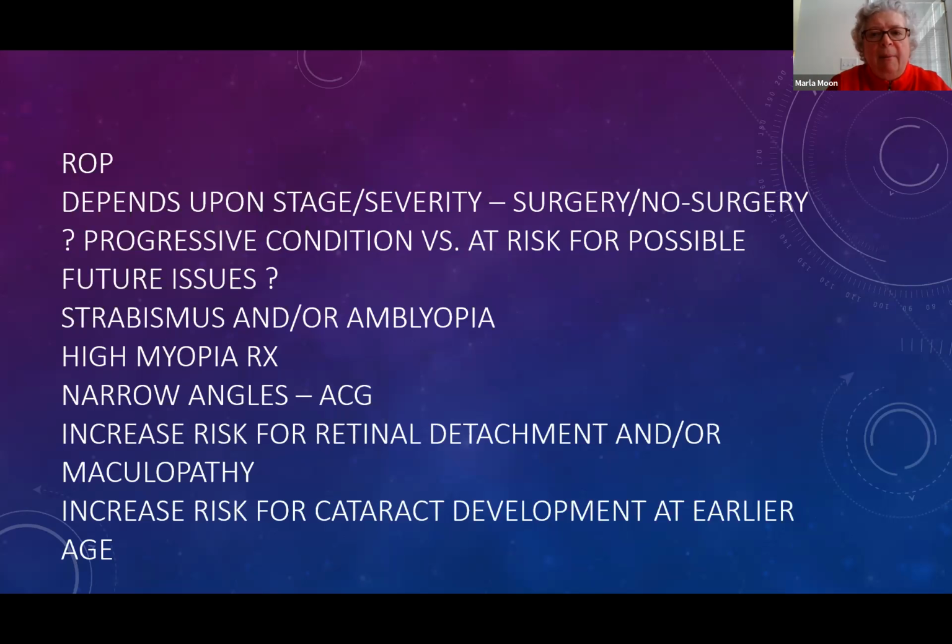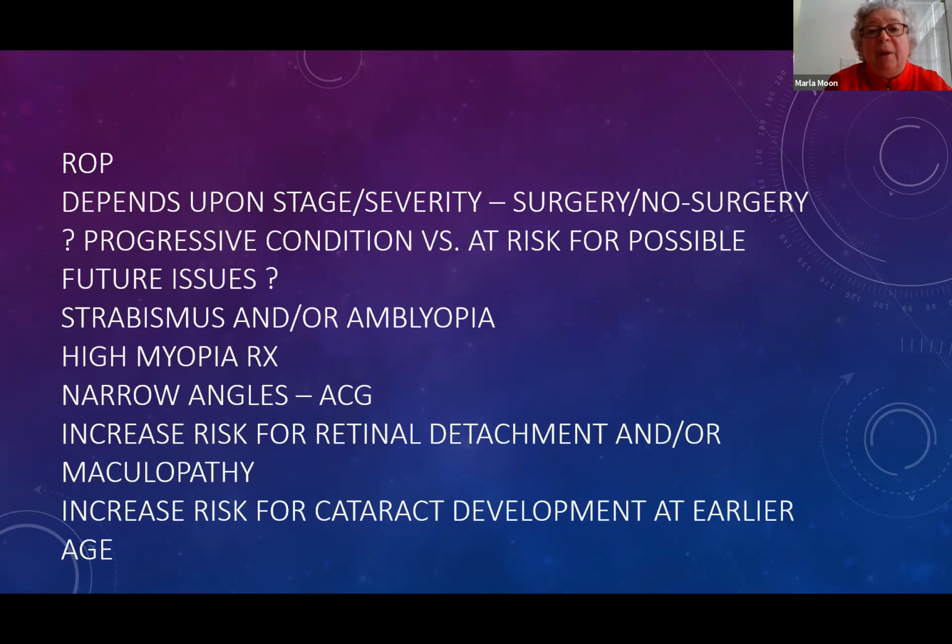They are much higher risk for developing myopia, and especially high myopia. Because of the structure of the eye being a little bit on the smaller side, they tend to have narrow angles. And so you need to watch those cases for angle closure glaucoma. I've had 2 that have actually popped up within the last year and a half.